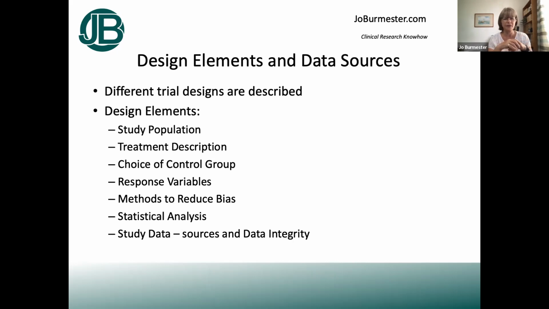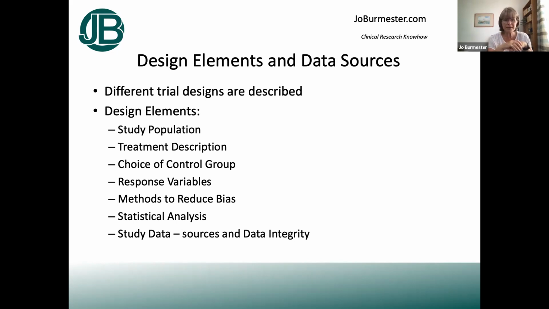But it's about choosing the right control group and justifying that choice. Response variables, obviously looking at efficacy and safety, and again trying to minimize those rather than just keep adding more and more endpoints. It's important to identify what the objective of the trial actually is, and therefore what endpoints we need, and what response variables we need to be measuring.